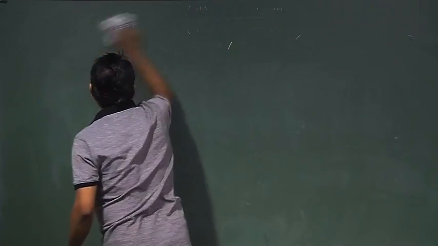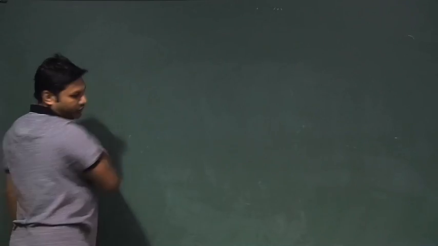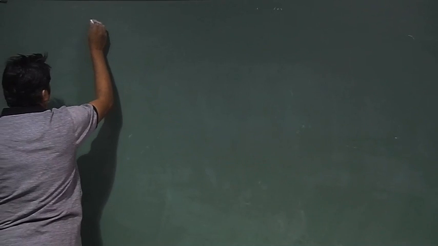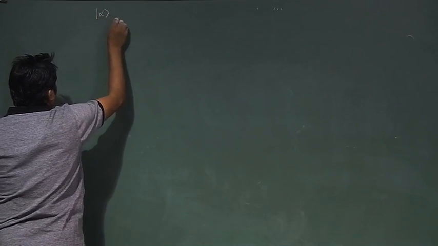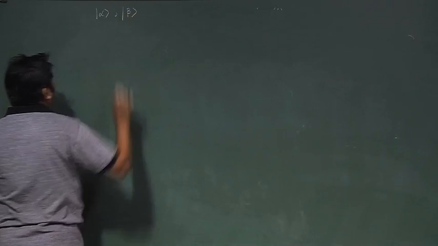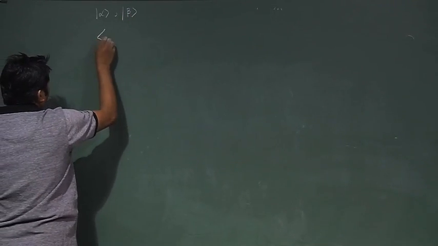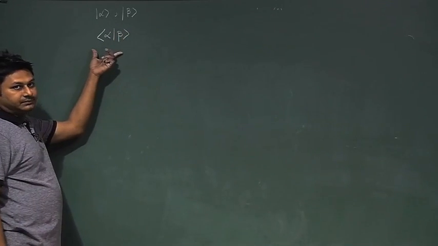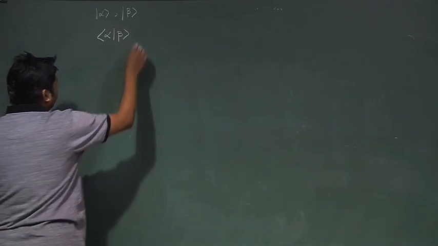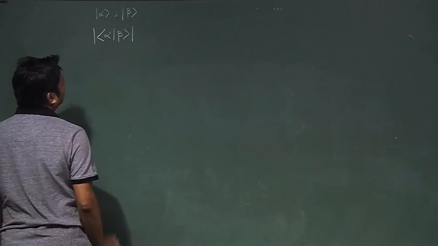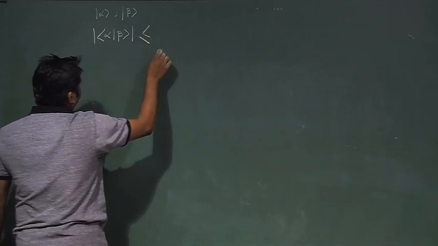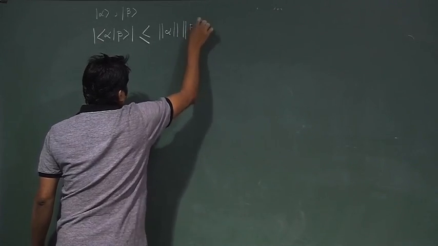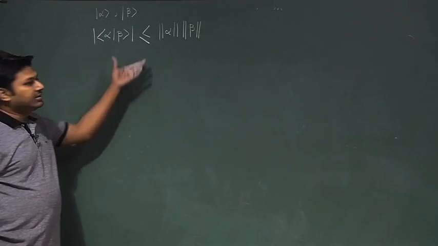Okay. Now we know what the inner product is and all these things. So let me write down one thing. Alpha and beta are two vectors. What is the inner product between alpha and beta? The inner product of alpha and beta is a scalar value. The mod of this scalar value is always less than or equal to the product of the individual norms of the two vectors.